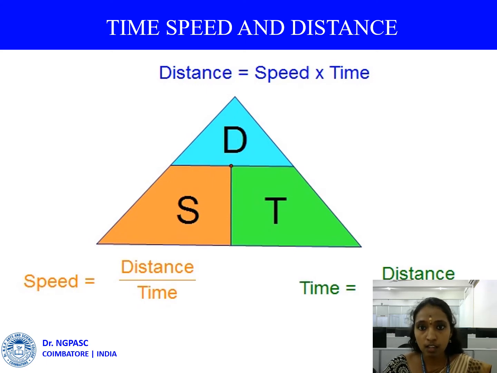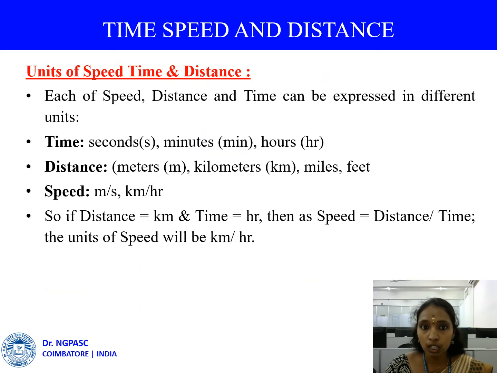Next, we are calculating seconds, minutes and hours, then distance in meters, kilometers, miles and feet, and then speed in meters per second and kilometers per hour. Speed, time and distance can be expressed in different units.